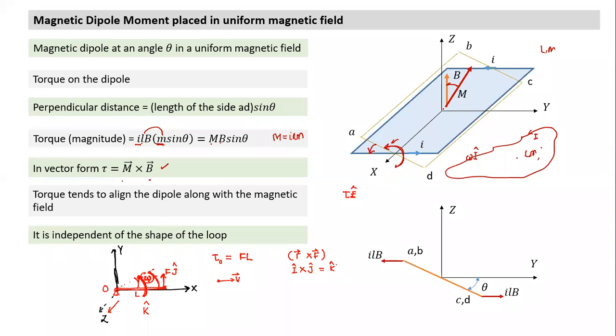Can you think of this? So if torque is in k cap direction, it will tend to rotate the shape this way. If it is along j cap direction, it will tend to rotate along the y-axis. If torque is in i cap direction, it will tend to rotate along the x-axis.